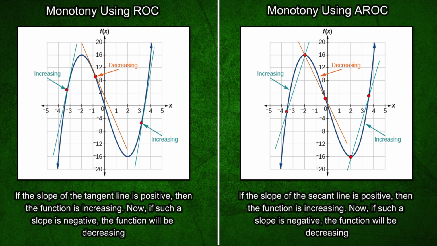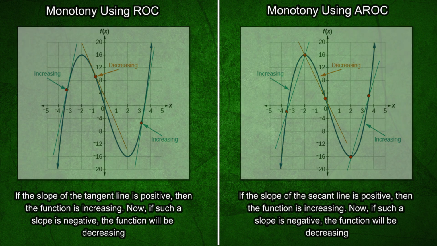If we have an interval AB and the average rate of change in that interval is positive, then the function is increasing. But if the average rate of change is negative, then the function is decreasing in that interval. Now, to be more precise with the average rate of change, that interval has to be very tiny.